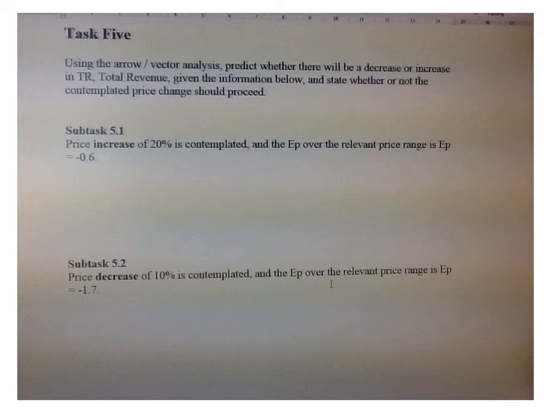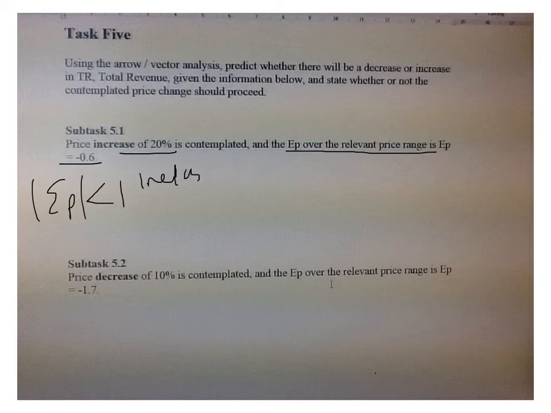Just reading this part of the question, and the EP over this range. So the EP value, if we do this, is going to be less than 1, so we're going to get an inelastic response in quantity. Alright, let's do our modelling.